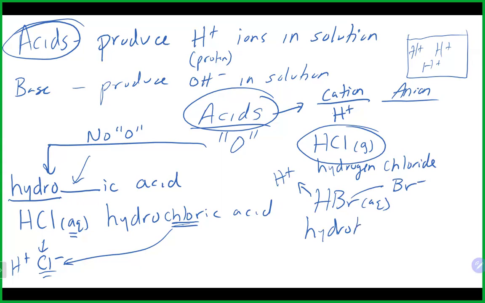So this is hydrobromic acid, yeah? So if you do not have oxygen, your acid will always start with hydro. It will always end in ic. The middle part that's missing is the name basically from the negative guy, and acid at the end.